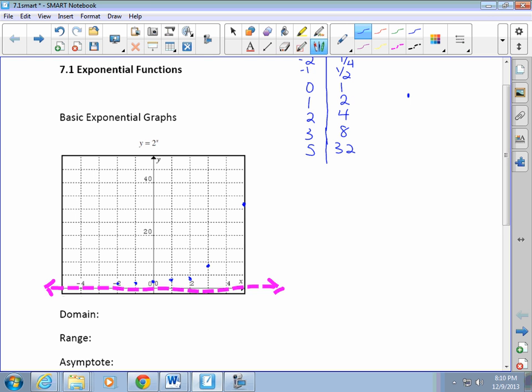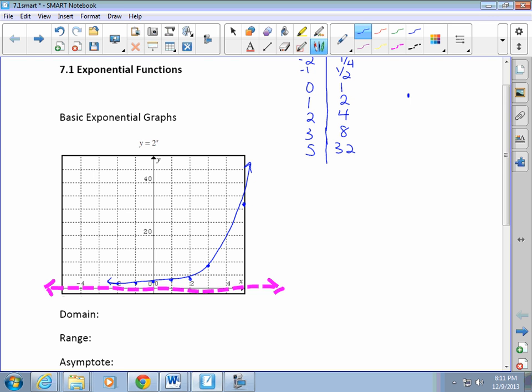And my graph would just continue going on and on and on. So if I were to draw this, it would go like this, and continue going up.